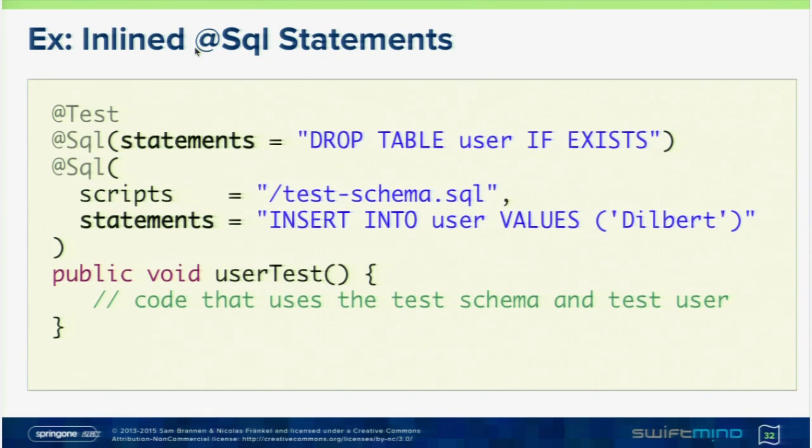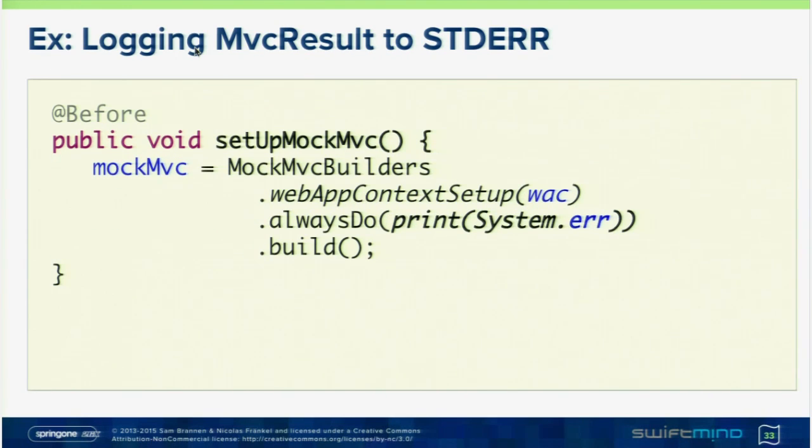But it's very useful. Here, regarding the result handler, we configure our mock MVC to drop each time there is a response to write into the system.err. Very, very useful. It costs you nothing, so you might as well use it.